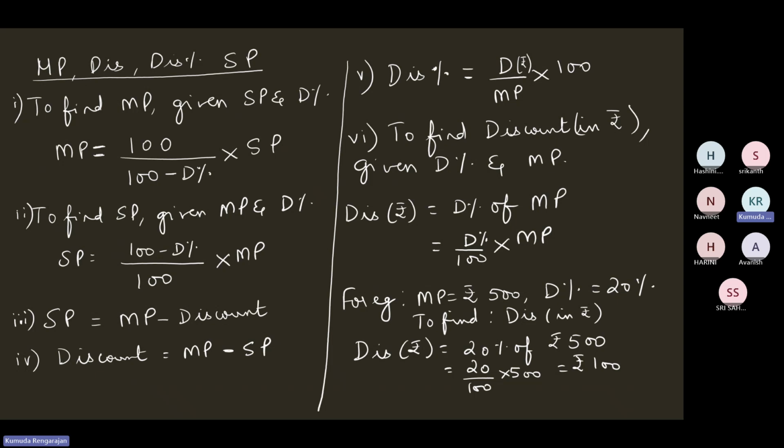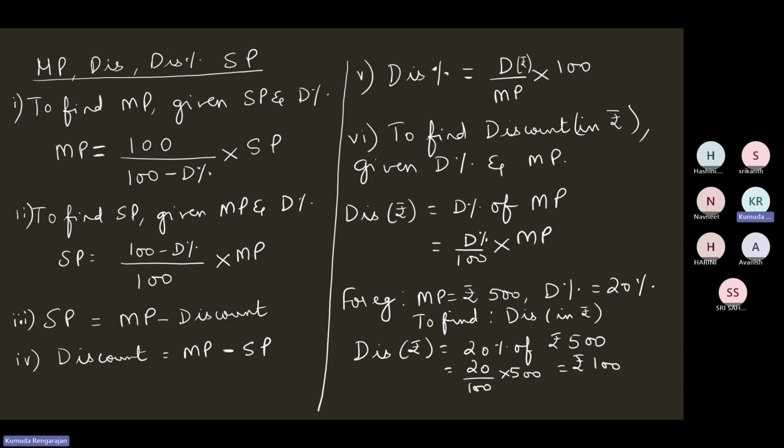Discount percentage is applied on the mark price, find the value of the discount, mark price minus discount, you will get the selling price. Now you have the selling price. On the selling price, find the sales tax or whatever tax. Add it to the selling price. Tax will increase the value. So selling price plus the tax.